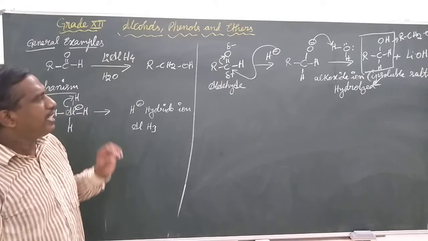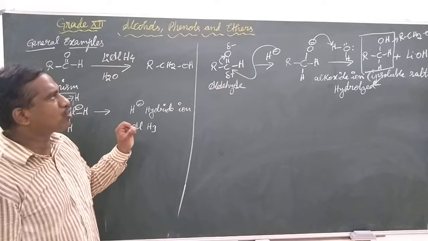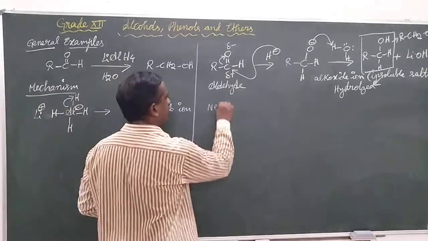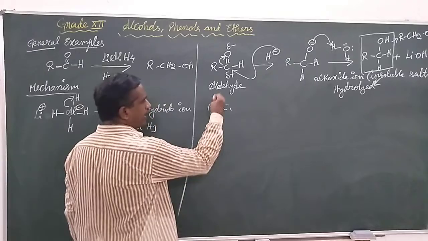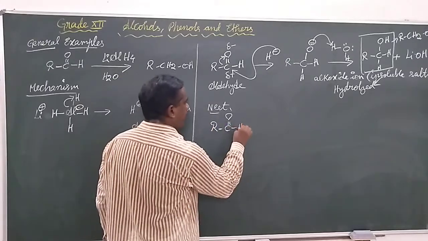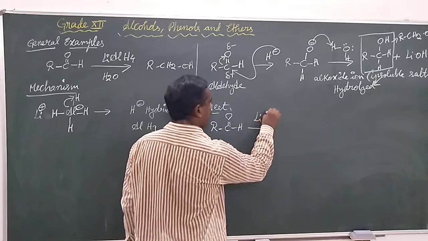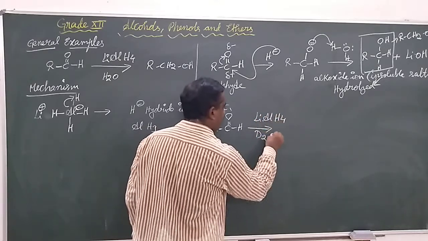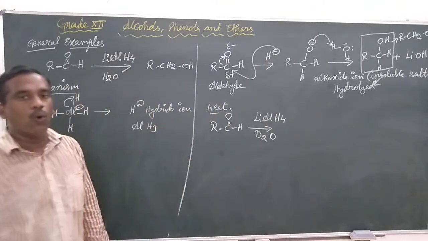Let us compare the same point in the case of objective questions. How will they ask about this point in the NEET examination? Up to the point of RC double bonded O in the presence of lithium aluminum hydride, at times we come across D2O.